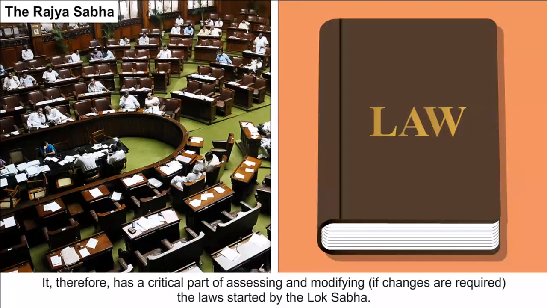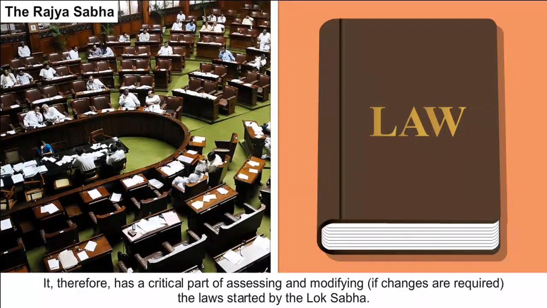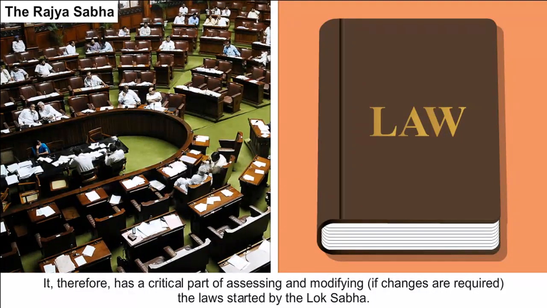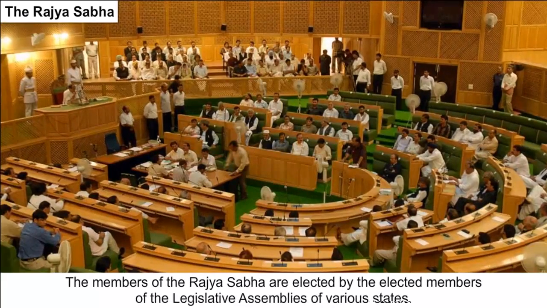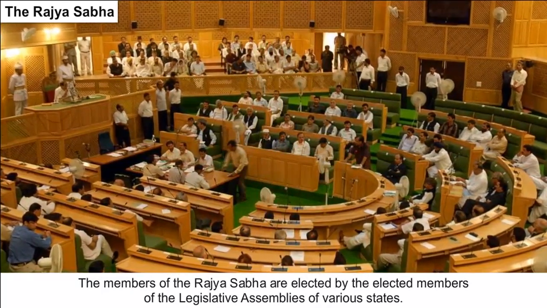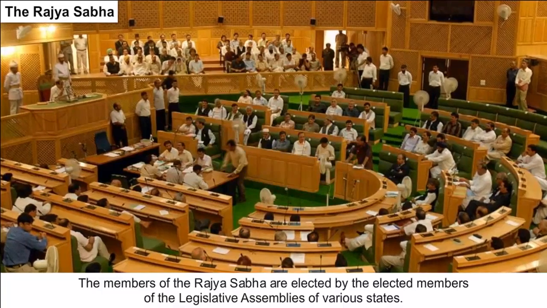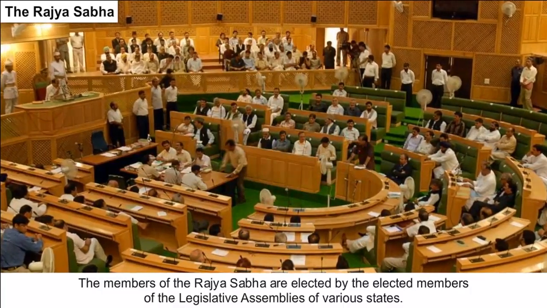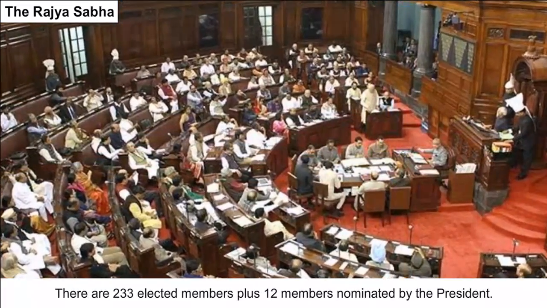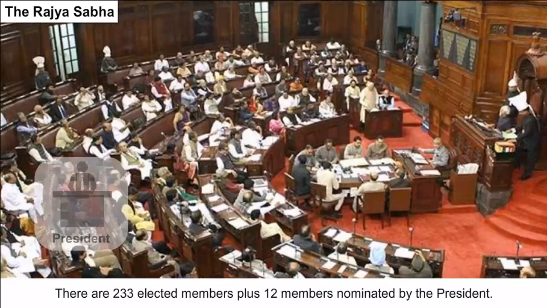It therefore has a critical part in assessing and modifying, if changes are required, the law started by the Lok Sabha. The members of the Rajya Sabha are elected by the elected members of the legislative assemblies of various states. There are 233 elected members plus 12 members nominated by the President.